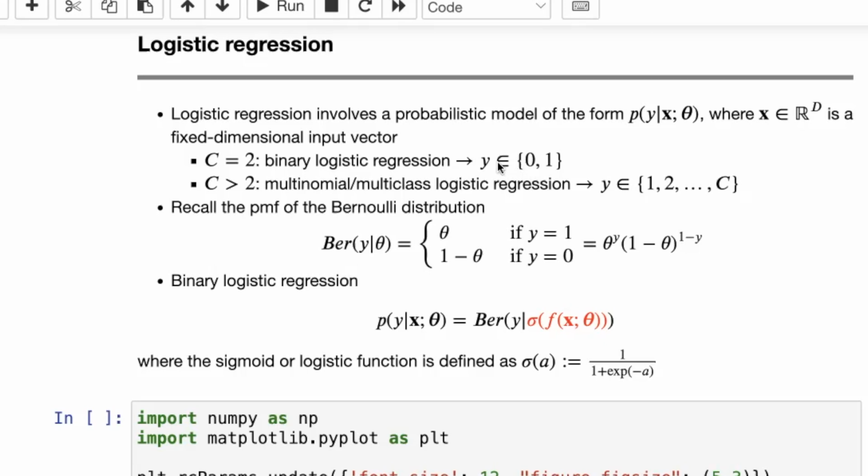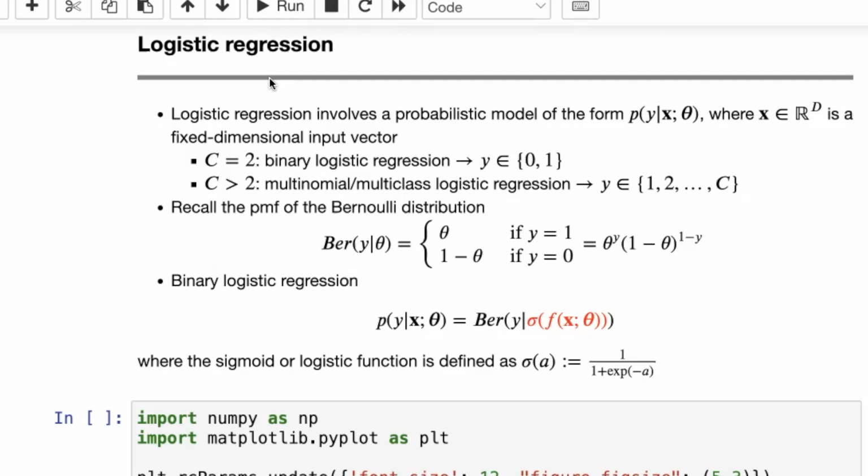Among classification algorithms, we mainly focus on logistic regression for this notebook. It's one of the most widely used classification algorithms, and it's a direct generalization of linear regression that we just had.